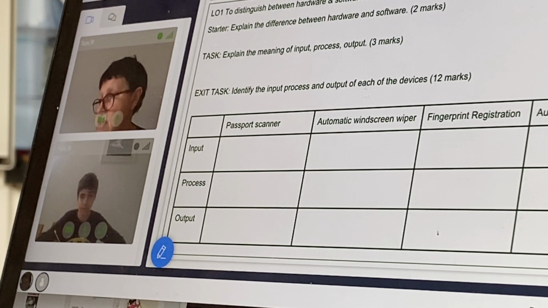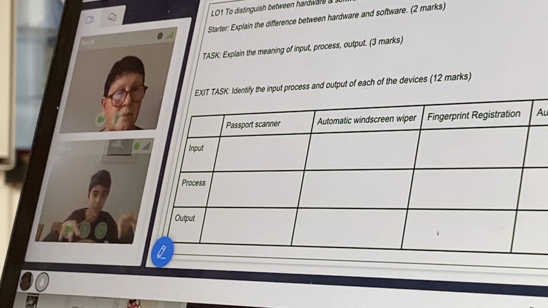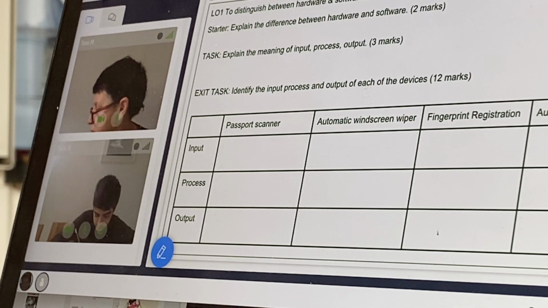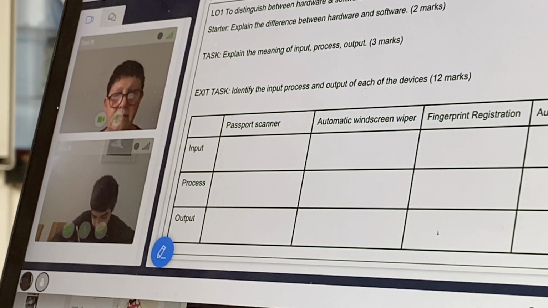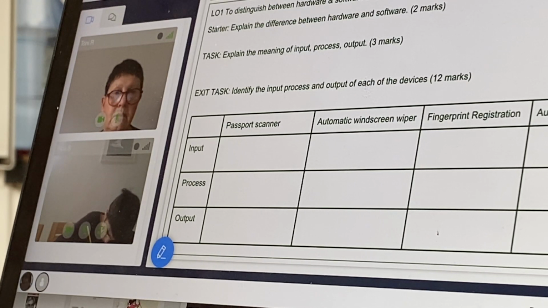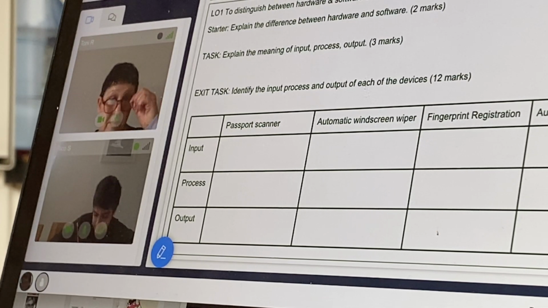So what is input? Devices that give information inside the computer. Good. So write that one down. Input. Yes.